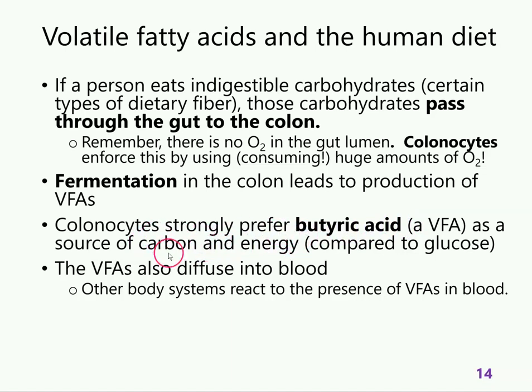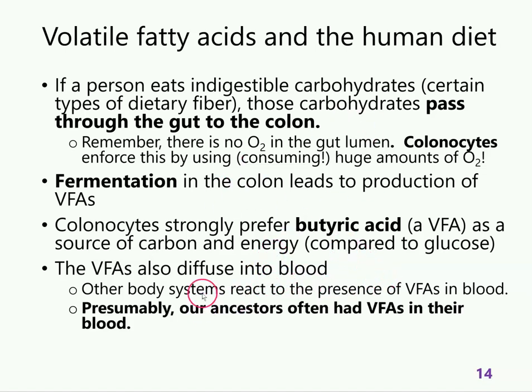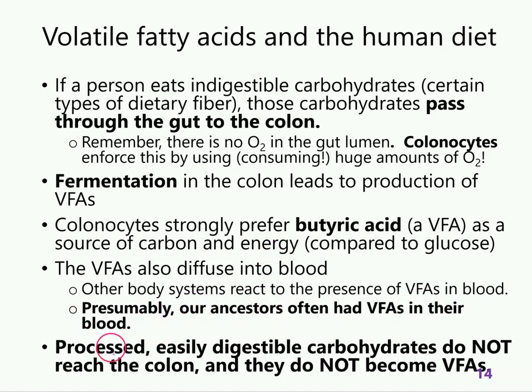Also, the volatile fatty acids, in addition to being used by colonocytes, are diffusing into the blood. They are gases, and so we can't stop them from getting into the blood if they are created. So we can assume that our ancestors often had them in their blood. But if we mostly eat processed and really easily digestible carbohydrates, those don't ever reach the colon.